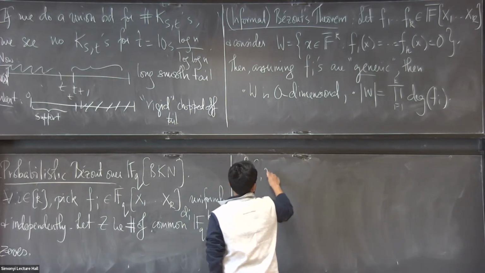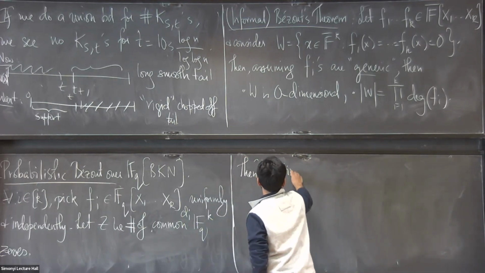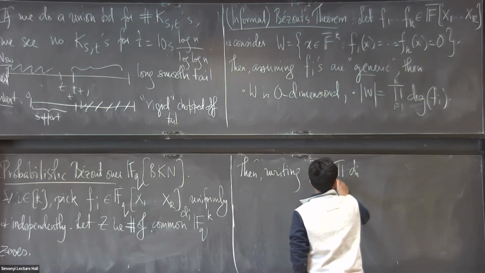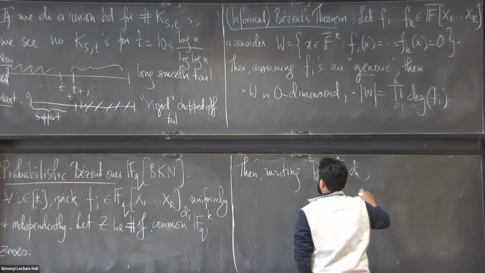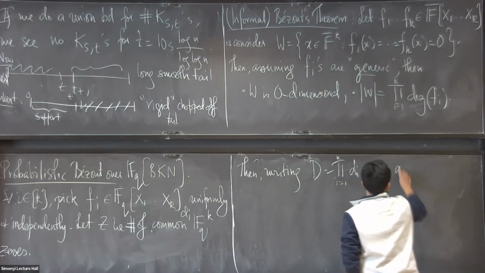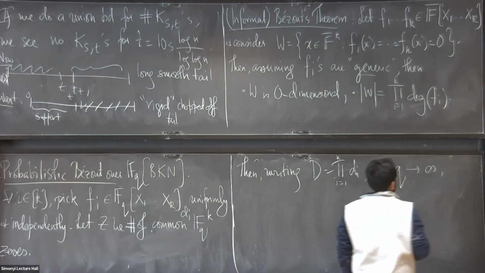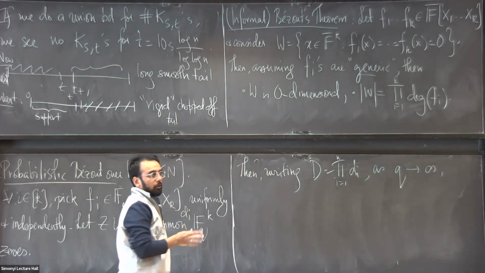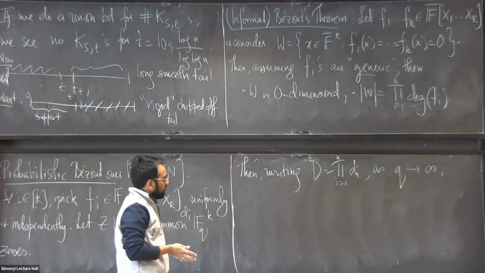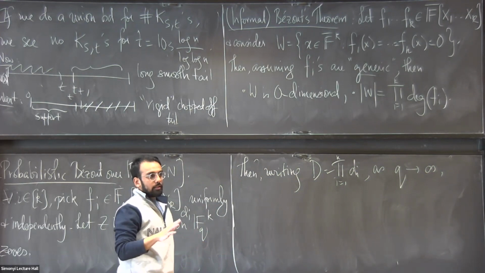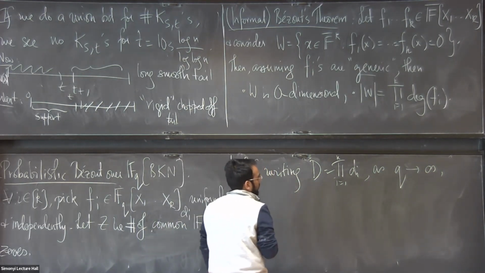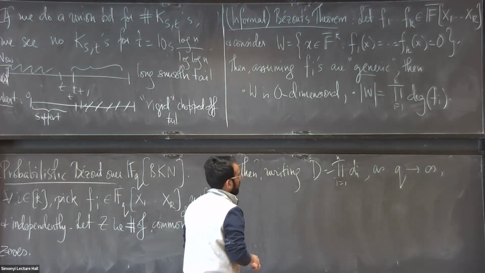Then writing D for the product of the degrees, as q is large. So this is, you'll see, a sort of sticking point for almost everything I'll talk about. To prove these things, unfortunately, you do need the size of the field to be much larger than the degrees of things that you're interested in. And I'll tell you where this comes from in a second.